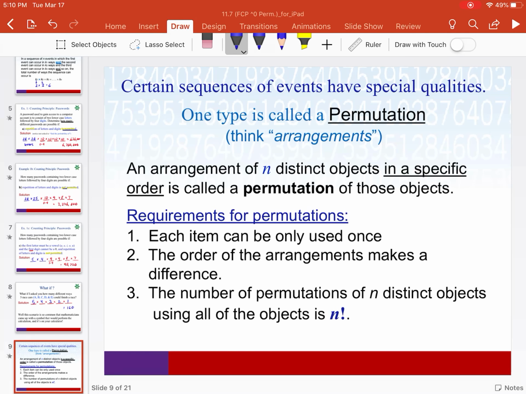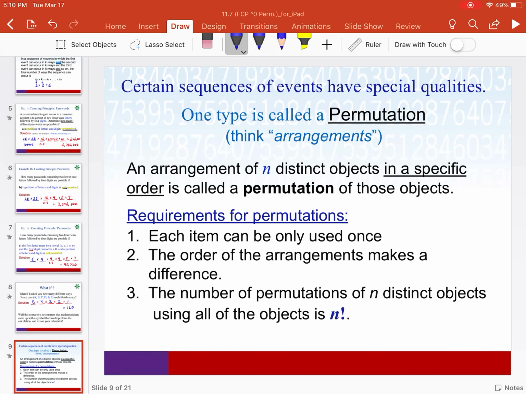And the number of permutations of n distinct objects using all the objects is n factorial. New symbol, the exclamation point. I'm not being emphatic. That is actually the symbol that mathematicians use to describe this pattern of multiplying by smaller numbers: 5, 4, 3, 2, 1, or 6, 5, 4, 3, 2, 1.